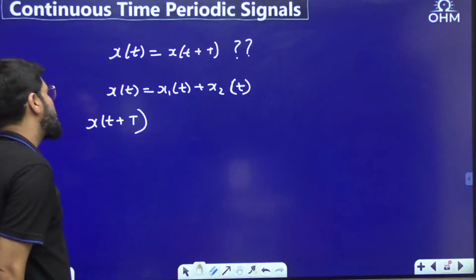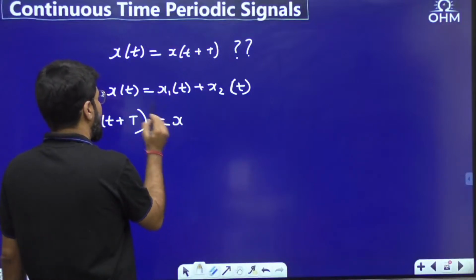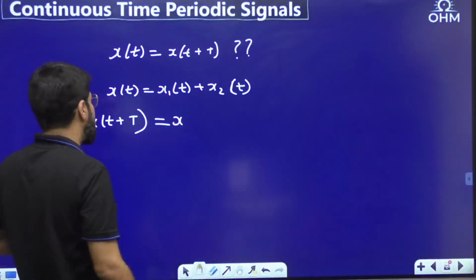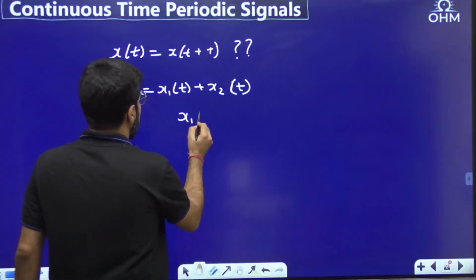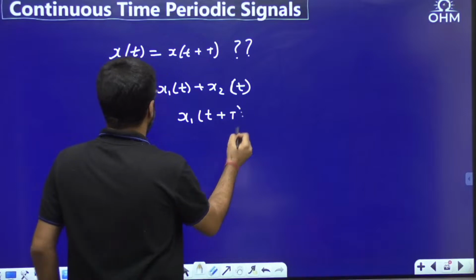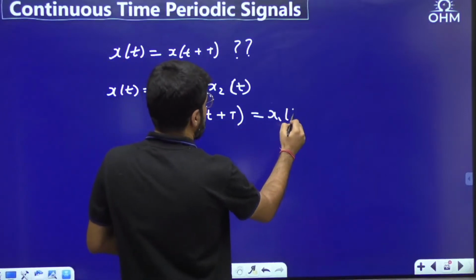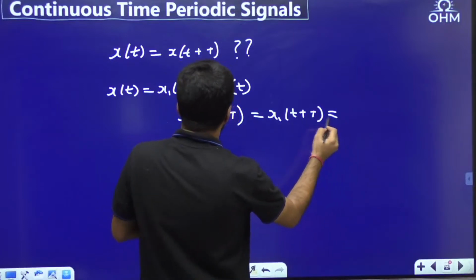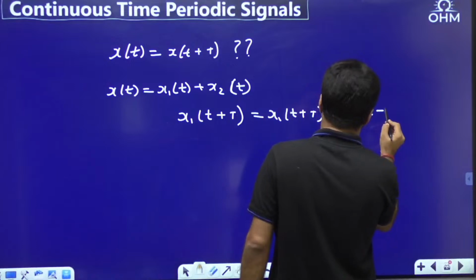Everywhere replace t with t plus T. So x(t plus T) is x1(t plus T) plus x2(t plus T).